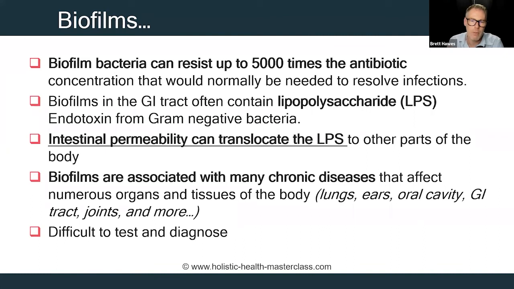This is well spoken about in the medical literature. And it turns out that biofilm bacteria can resist up to 5,000 times the antibiotic concentration that would normally be needed to resolve infections. So can you imagine this person has these biofilms, they're hiding out, they escape the immune system, they escape antibiotics, but what do people do? What do practitioners do? More antibiotics, right?